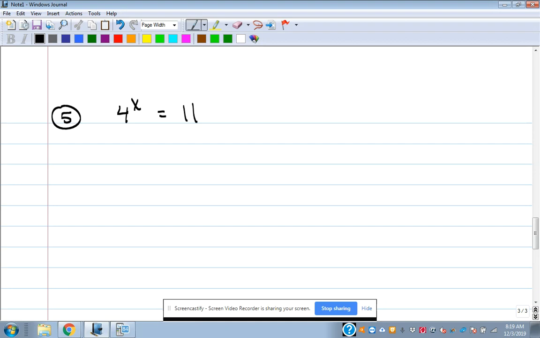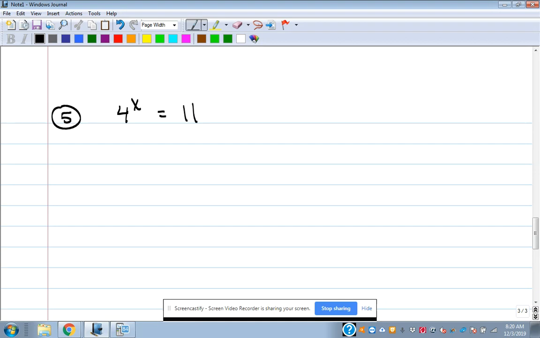Why doesn't this one work that way? Yeah, I can rewrite 4 as a 2 as a base, but I can't rewrite 11 as a 2 as a base or as a 4 as a base, right? There's no way, it's not a good number to do that with. But I can still use the same tools that I used to solve those other equations to get rid of the base there of the 4.